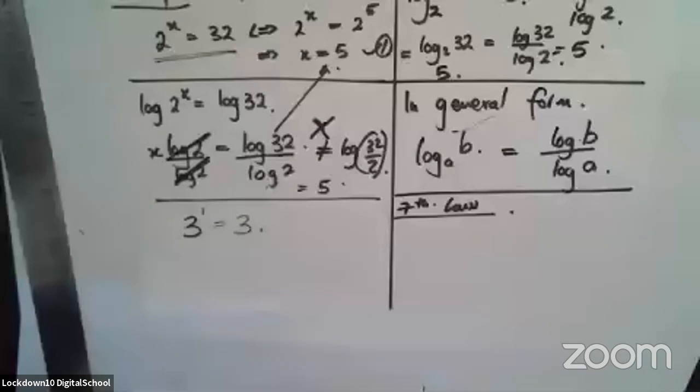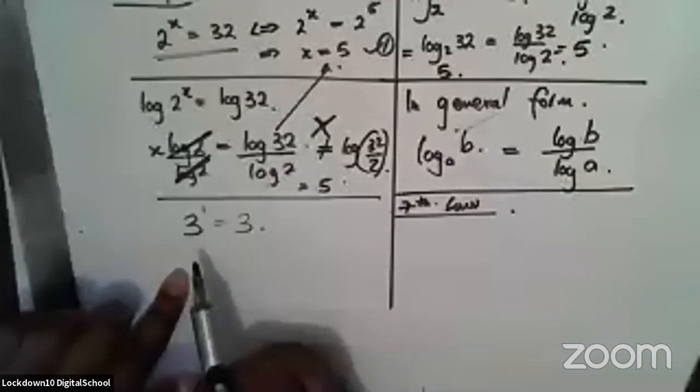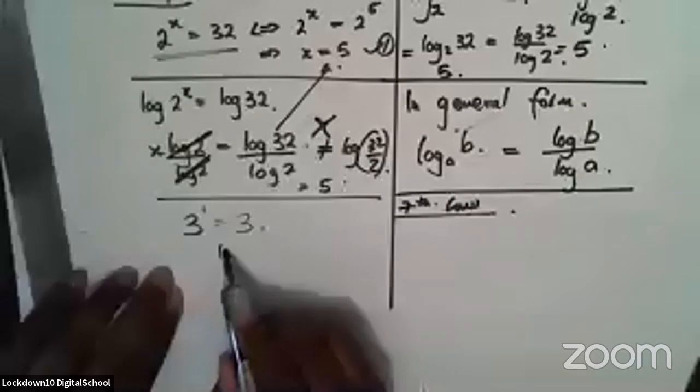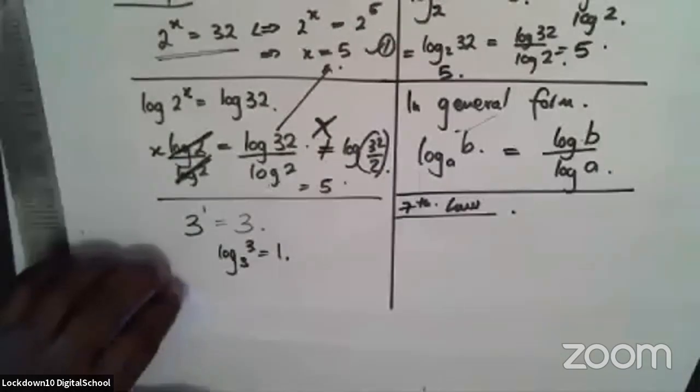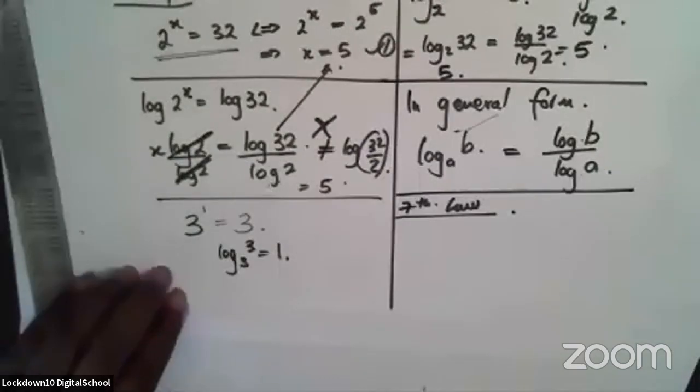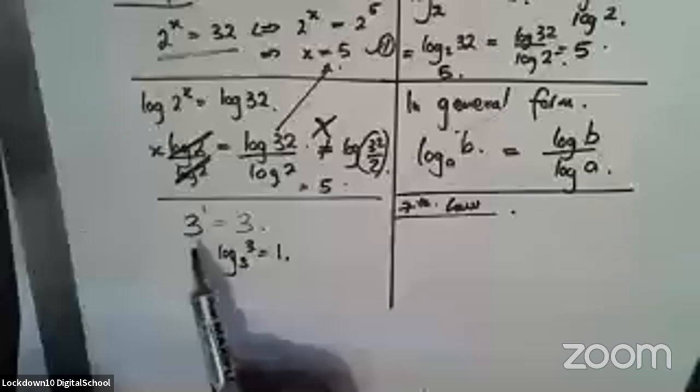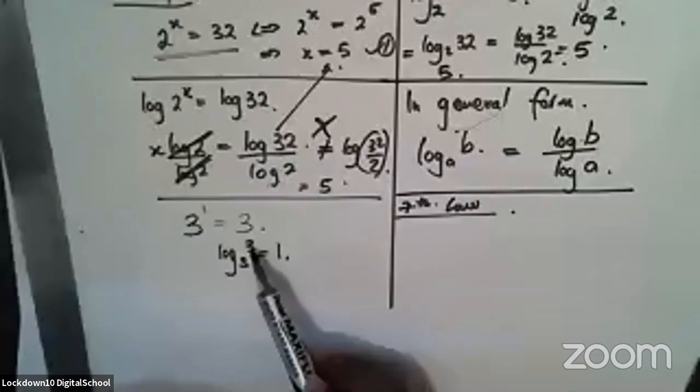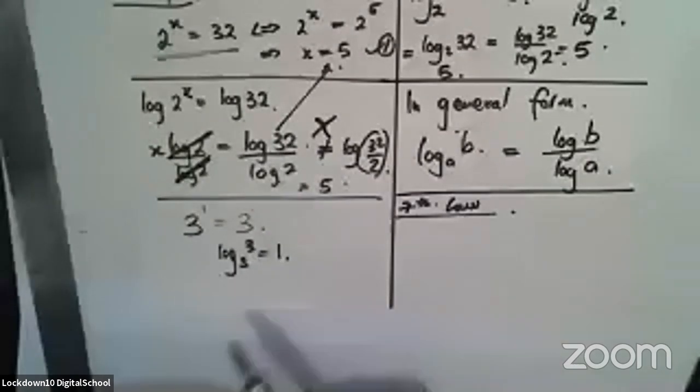So if I'm writing it in log form, I'll say the power of 3 that gives me 3 is what? Is 1. The power of 3 that gives me a 3 is 1. Is that correct?